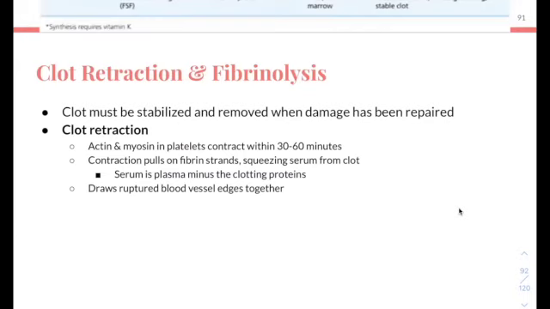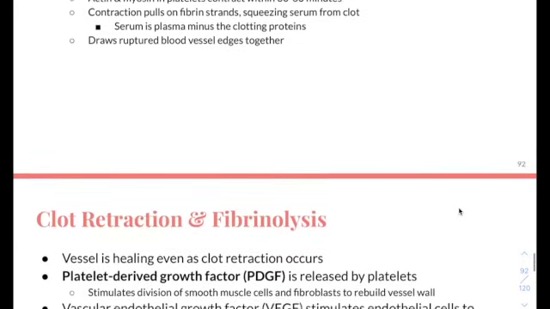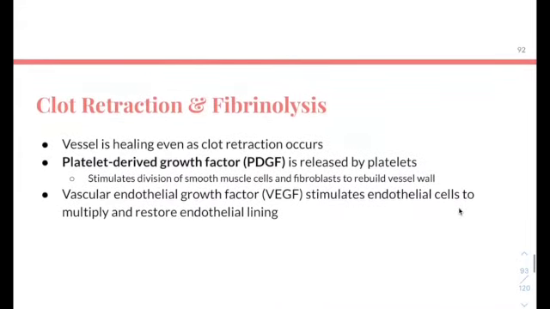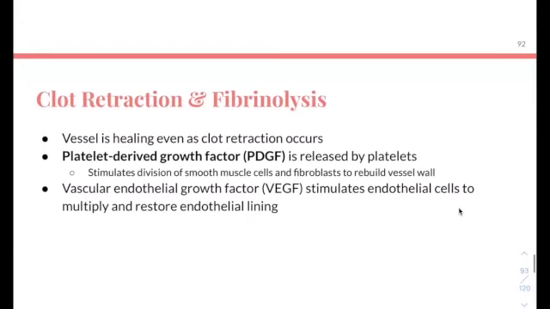It draws the ruptured blood vessel ends together. So it helps pull everything together. So both damaged ends end up coming together. The blood vessel is healed even as the clot retraction occurs. So the platelet-derived growth factor is released by platelets.